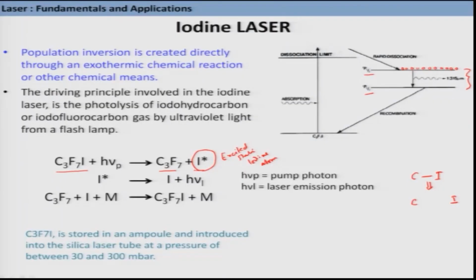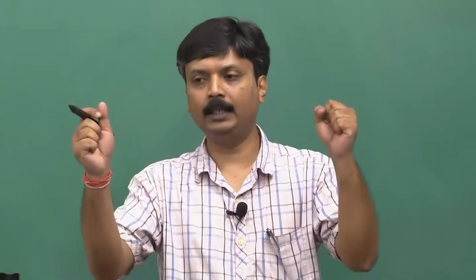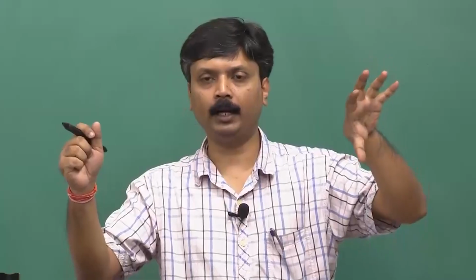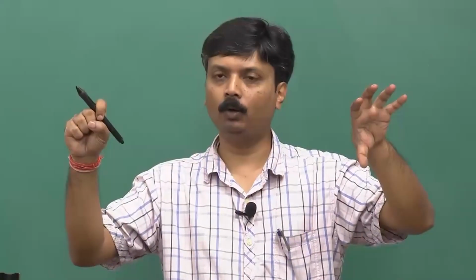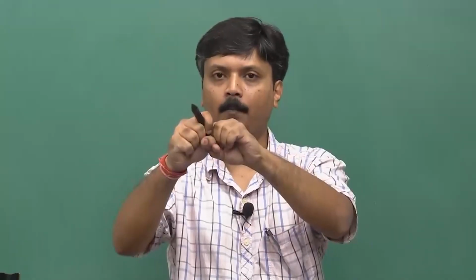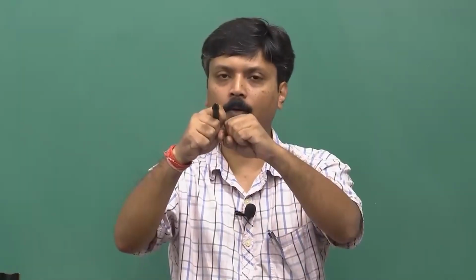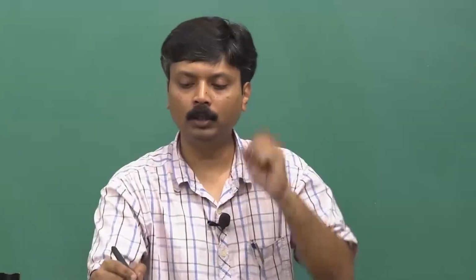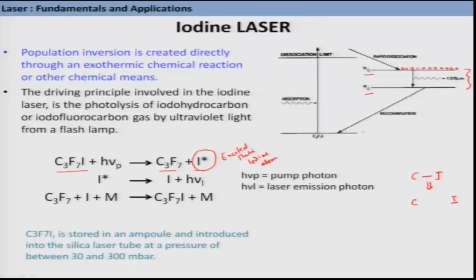Now the P3/2 level, that is the ground state iodine, is populated through recombination. You break the C-I bond, so the other fragment is also there, and this one is also there. They are within the system, so they can again meet and recombine.